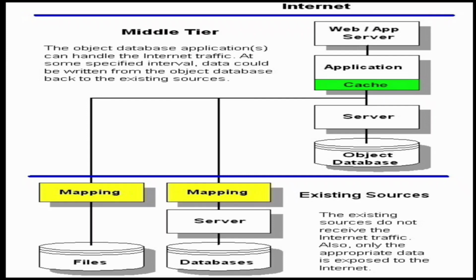Now we are going to talk about the middle tier, the second tier. In the middle tier, the object database application can handle internet traffic, meaning the traffic between the internet and the system can be handled by the middle tier at specified intervals. Data can also be returned to the object database, back to the existing sources.